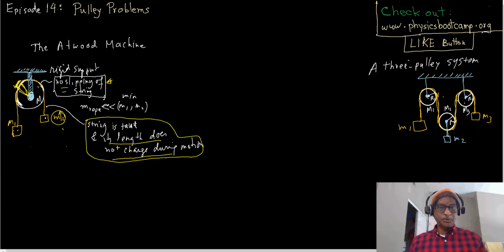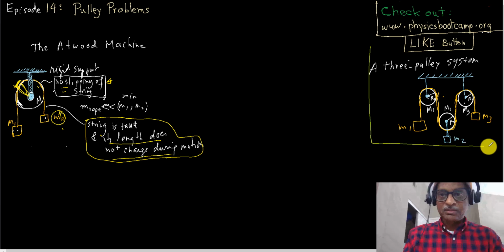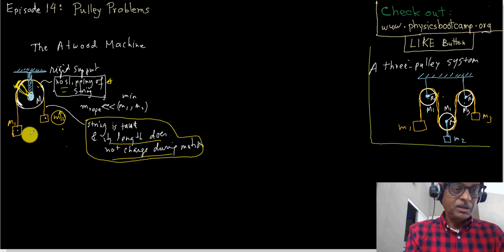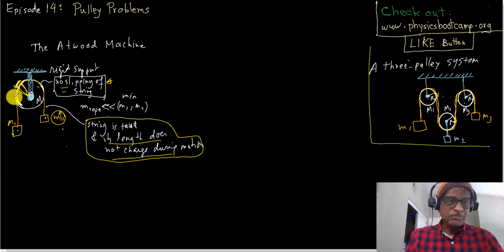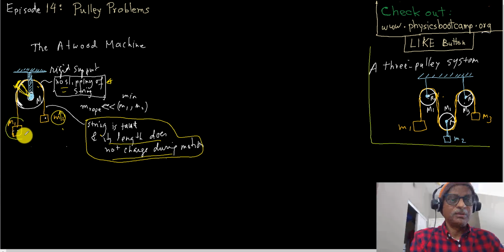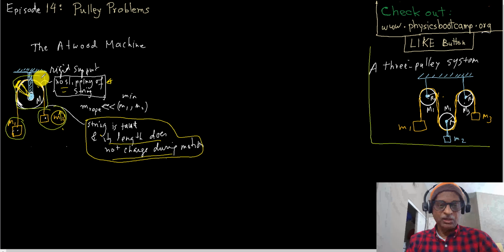Okay, I moved some things here, so I will do this later, let's keep this aside. Over here we need to be able to write the equation of motion for this block and for the pulley. So there are three things I need to write the motion for.